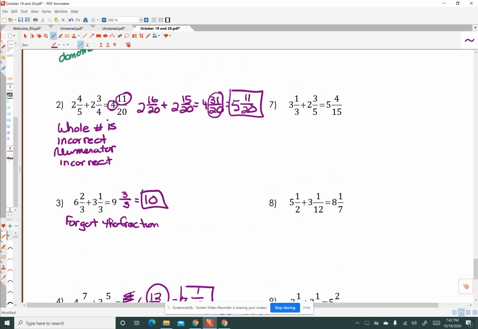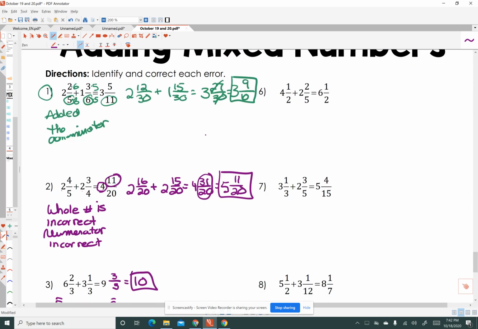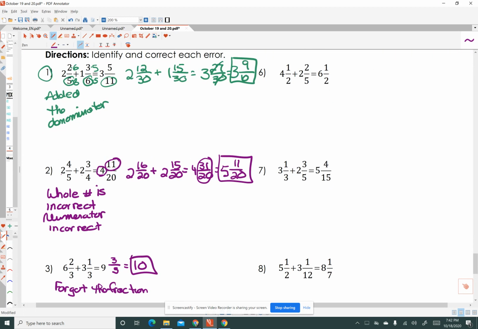And let's look at number 6. So we have 4 and 1/2 plus 2 and 2/5 equals 6 and 1/2. Well, let's convert that to tenths and see what they did wrong.